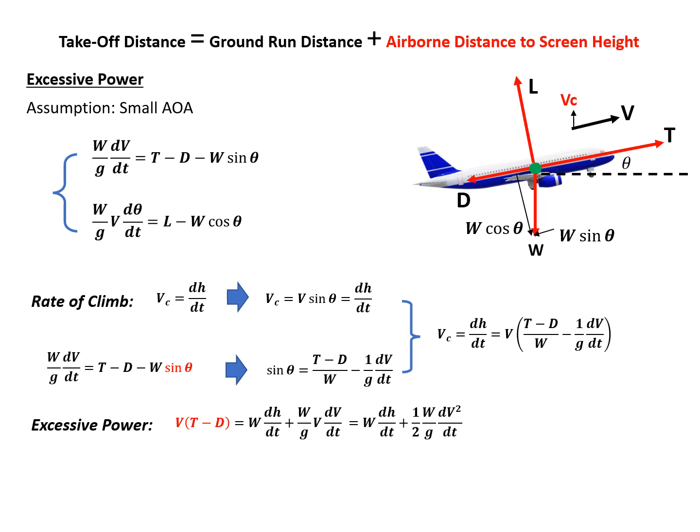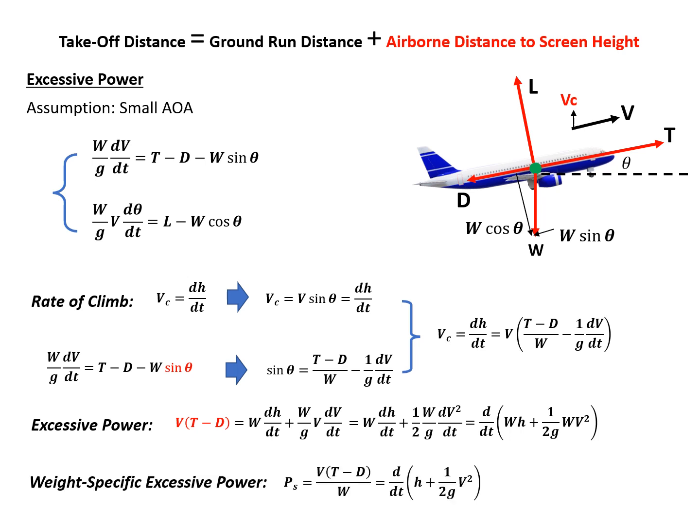We can rewrite it as half dV squared divided by dt. Further, we reorganize it, and finally we get the weight specific excessive power. Just now was excessive power, so the weight specific excessive power is V times T minus D divided by W, that's the weight, and then we have the Ps.